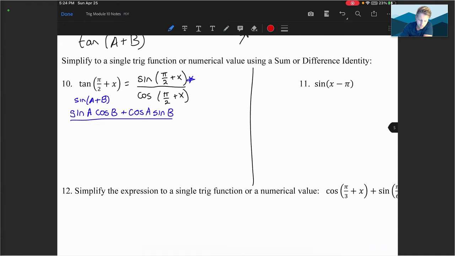So let's take a look at putting these into our expression, seeing how they simplify.